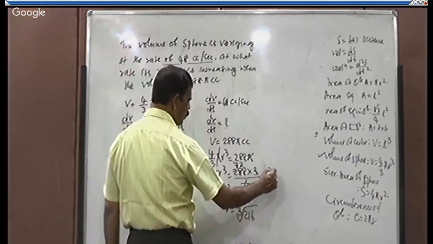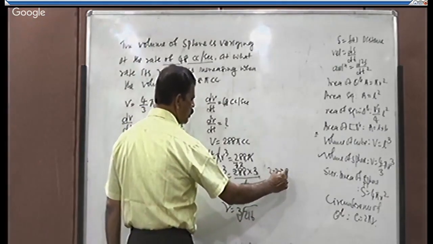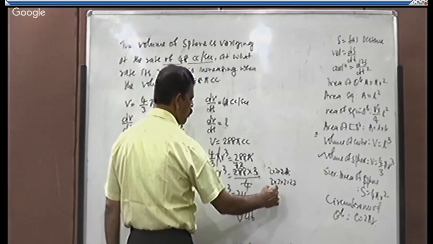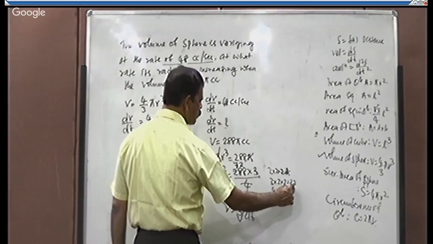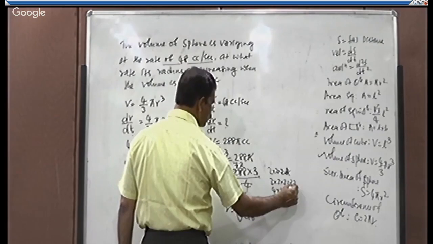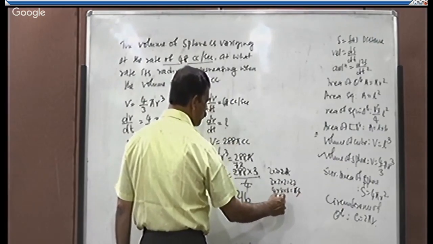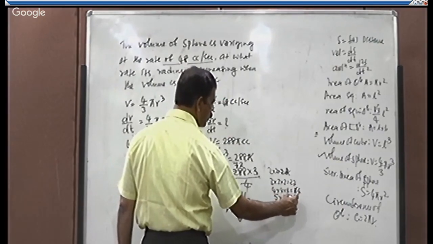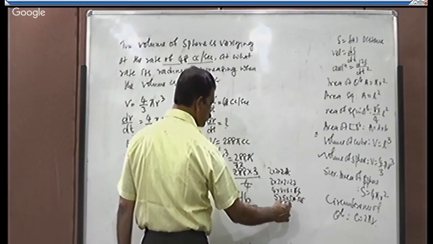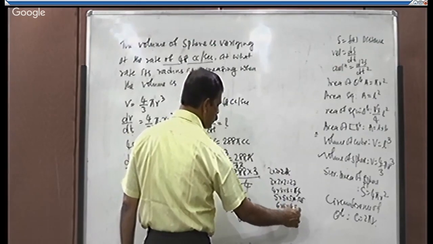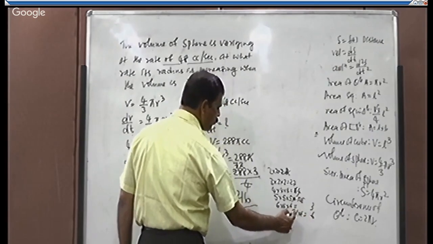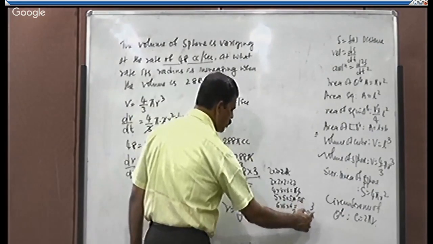If I take 2 into 2 into 2, it is 8. 3 into 3 into 3 is 27. 4 into 4 into 4 is 64. 5 into 5 into 5 is 125. 6 into 6 into 6: 6 6 is 36, 36 into 6 is 216. Right?